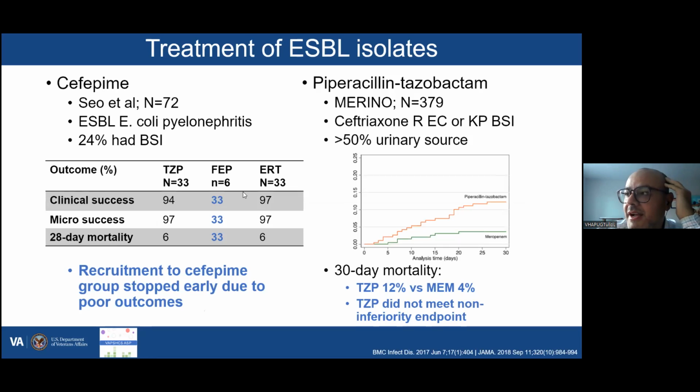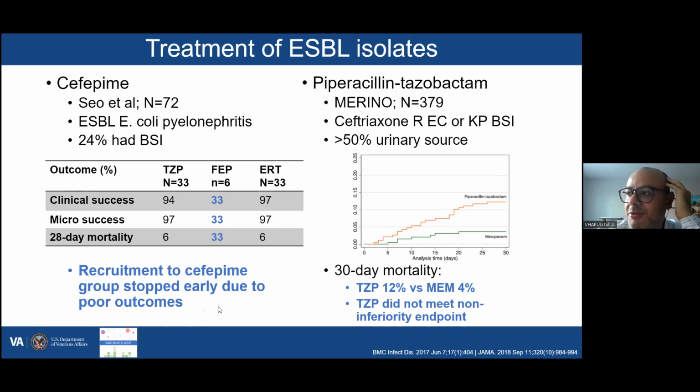If your ID attending ever shows up and you want to sound cool, mention these 2 trials. This trial looked at whether we could use cefepime or pip/tazo instead of ertapenem for ESBL E. coli pyelonephritis.